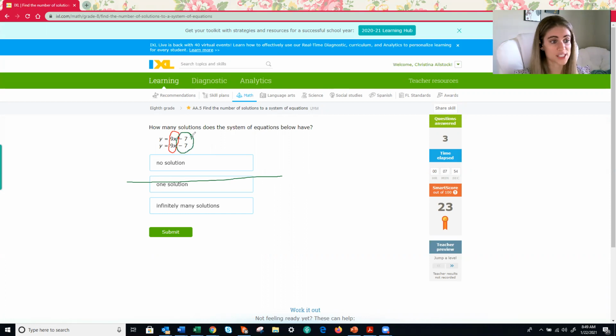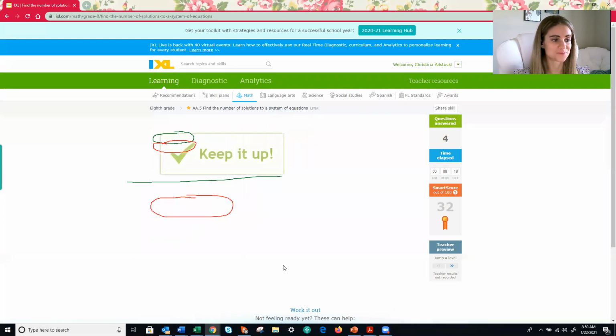Our y-intercepts are both -7, which means these are the exact same line. This says y equals 9x minus 7. And my second one is y equals 9x minus 7. They're the exact same line, which means our answer is infinitely many solutions.